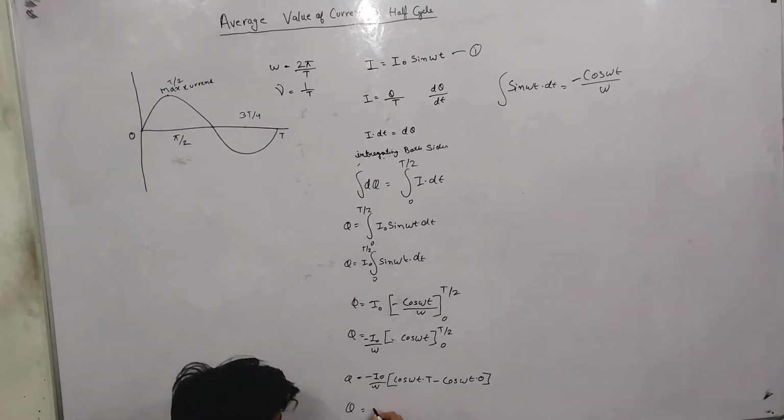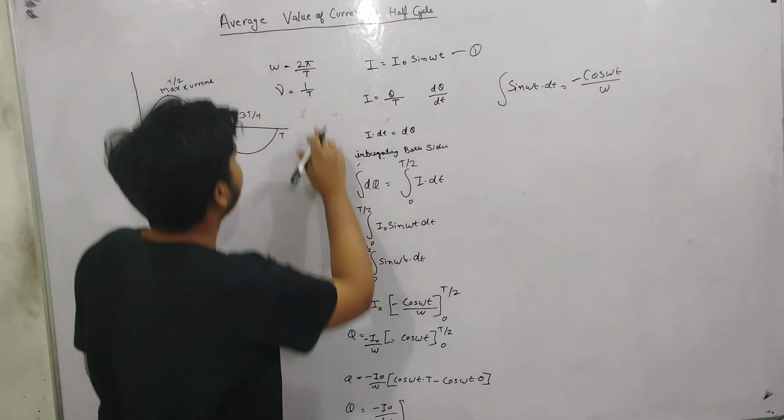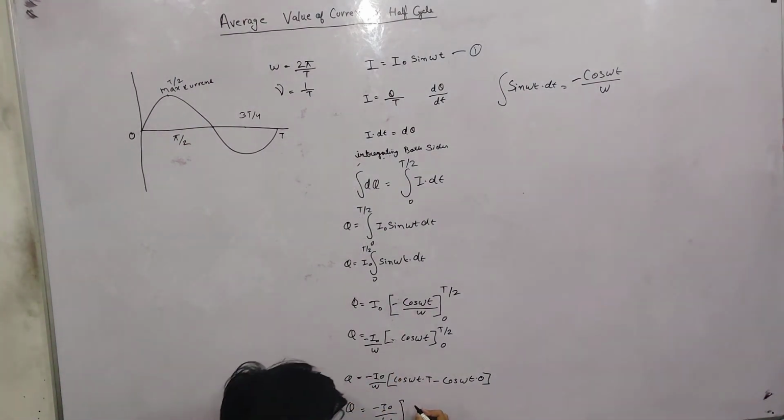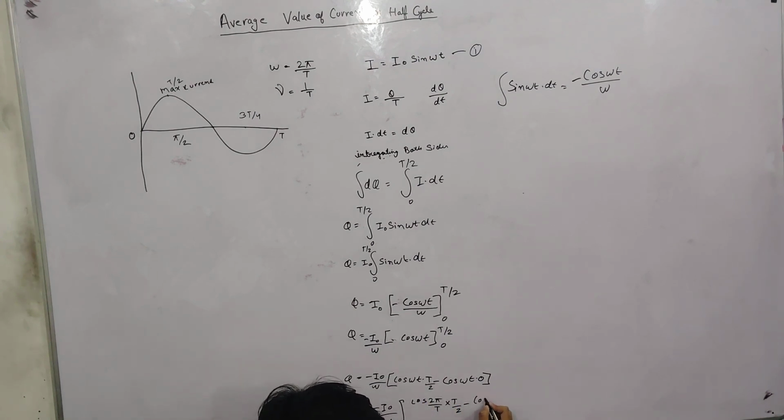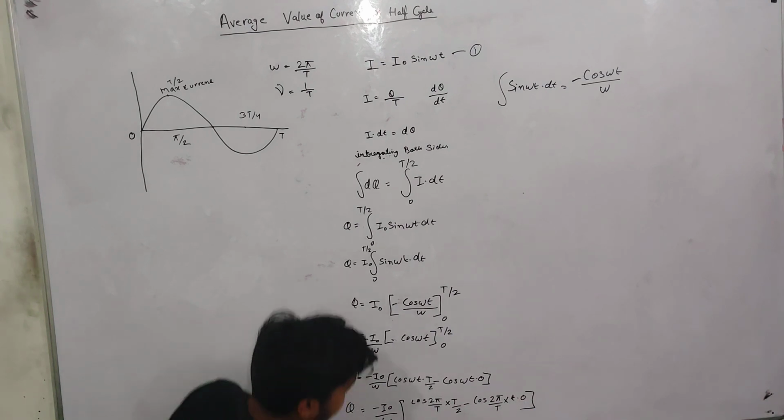q equals I naught by omega. Omega's value we have written as 2 pi by T. In place of omega we write 2 pi by T into T by 2 for the upper limit, minus cos of 2 pi by T into 0.